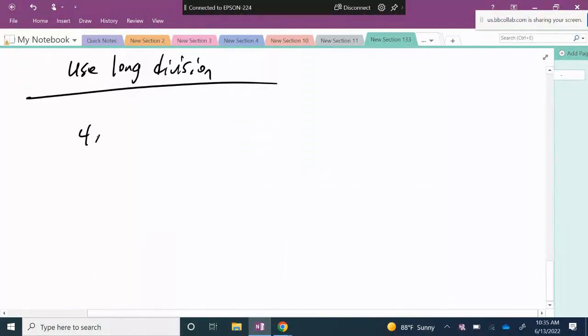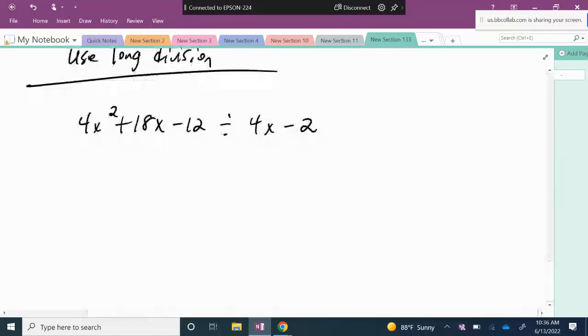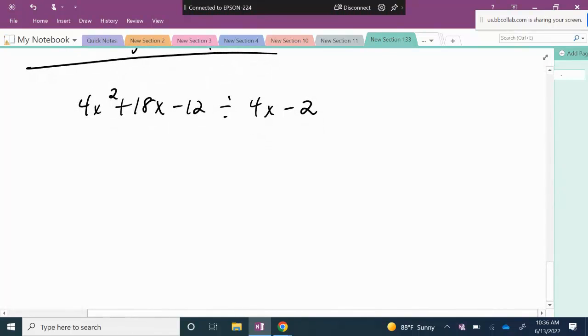So we have 4x squared plus 18x minus 12 divided by 4x minus 2. Now in some problems, you're going to see them written out horizontally. In other problems, you may see them written out vertically.